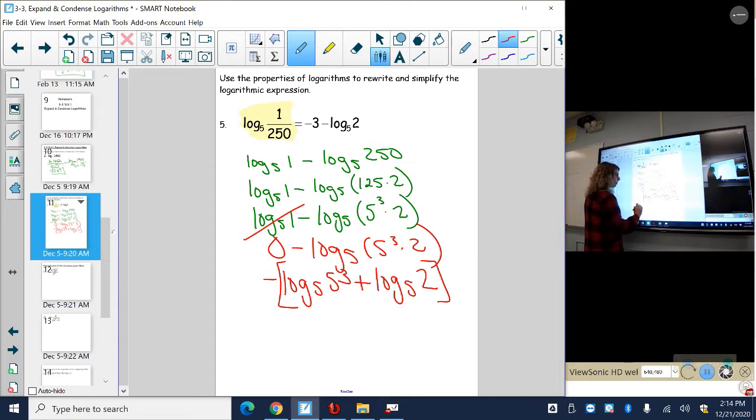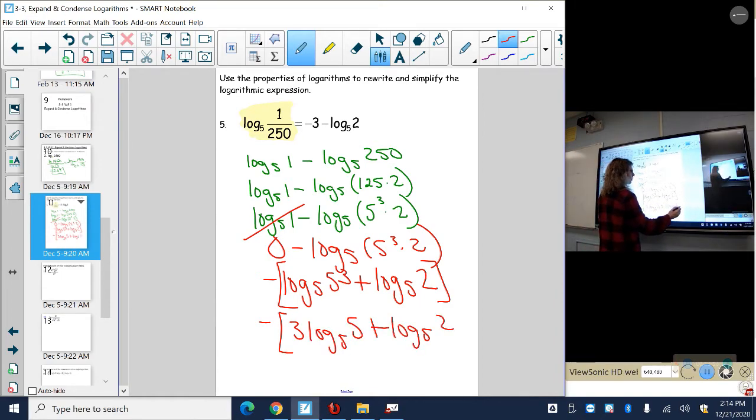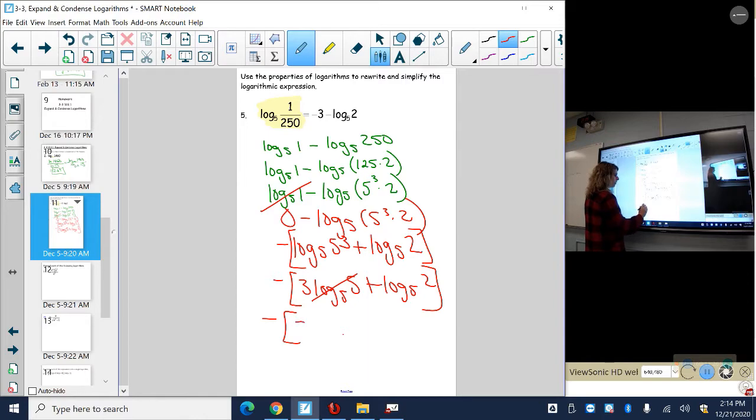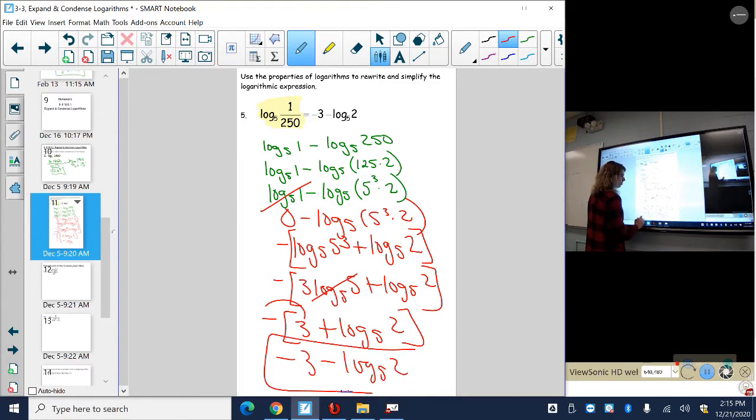Put the 3 out in front, plus log base 5 of 2. That cancels out. Negative 3 plus log base 5 of 2. Go ahead and distribute this. Negative 3 minus log base 5 of 2.